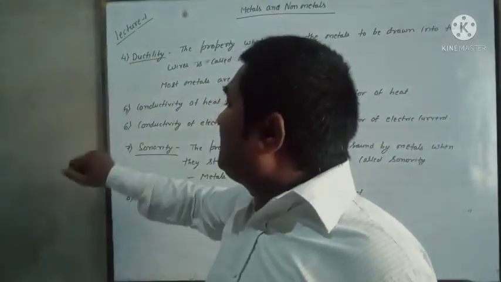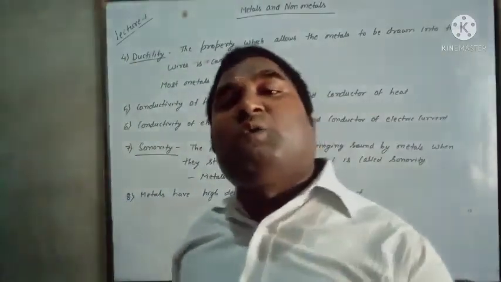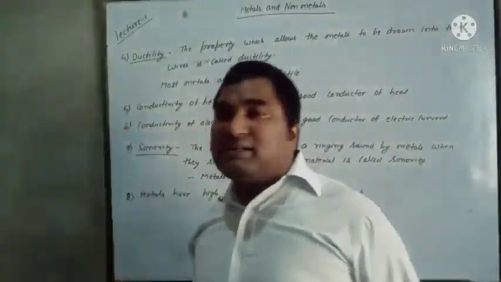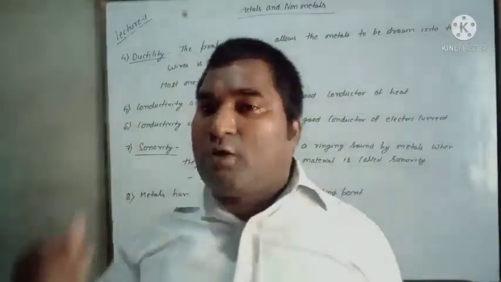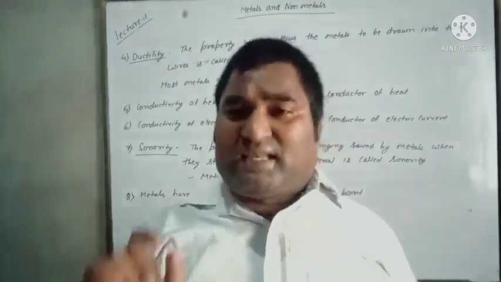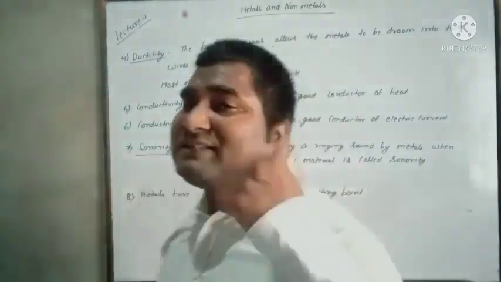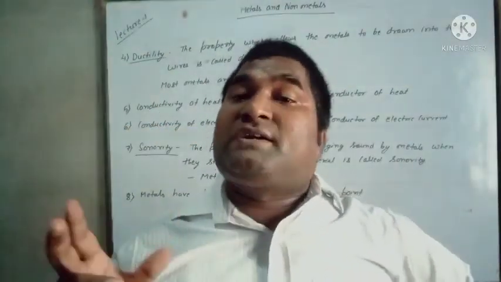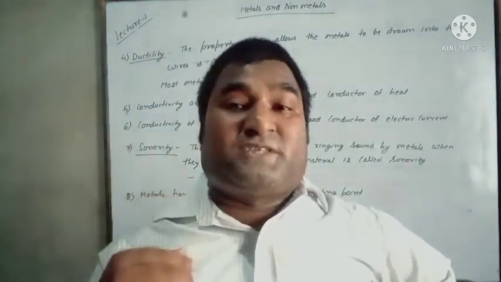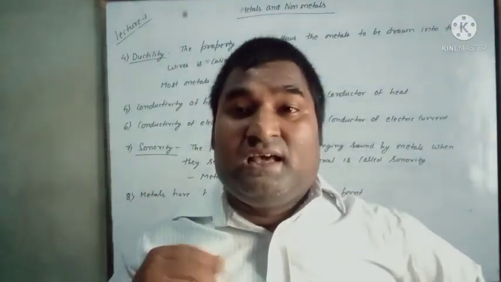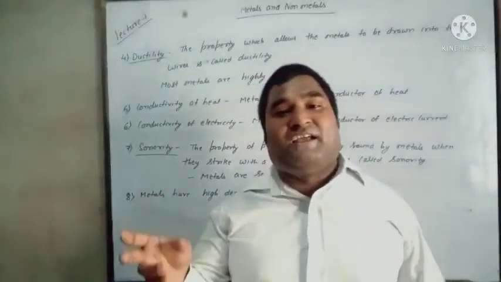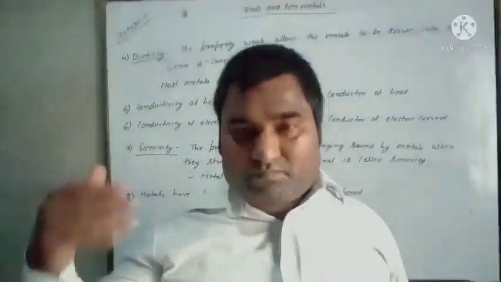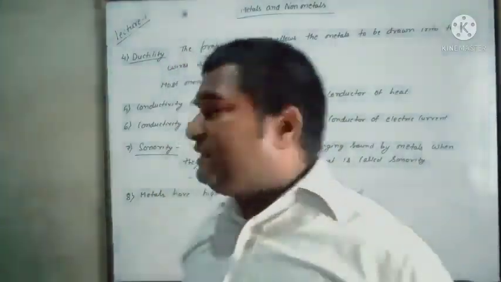पांचवा पॉइंट बोले मेटल्स आर गुड कंडक्टर ऑफ हीट, नॉन मेटल्स आर बैड कंडक्टर ऑफ हीट। फिर मेटल्स आर गुड कंडक्टर ऑफ इलेक्ट्रिसिटी, नॉन मेटल्स आर बैड कंडक्टर ऑफ इलेक्ट्रिसिटी। Some exceptions are there, जैसे लस्टरस की बात करें तो मेटल्स आर लस्टरस बट नॉन मेटल्स आर डल, बट सम एक्सेप्शन इज देयर। आयोडीन एक नॉन मेटल है बट ये शाइनी होता है। ग्रेफाइट का भी शाइनी अपीयरेंस होता है। So some exceptions are there.